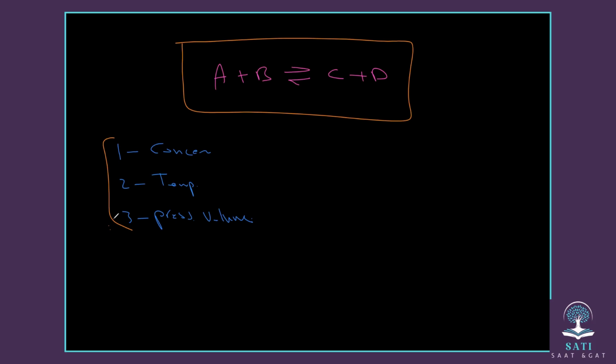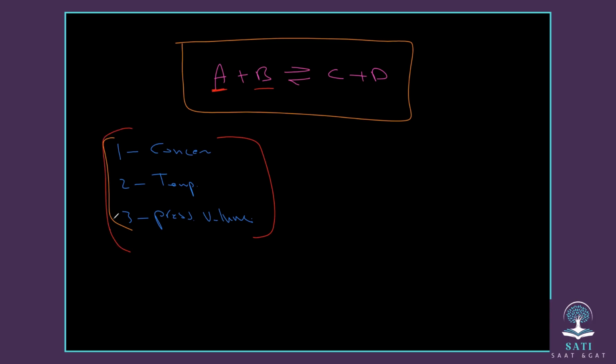So if I change the concentration of any product or any reactant, this state of equilibrium will be affected. Keep in mind, these factors can change the state of equilibrium.